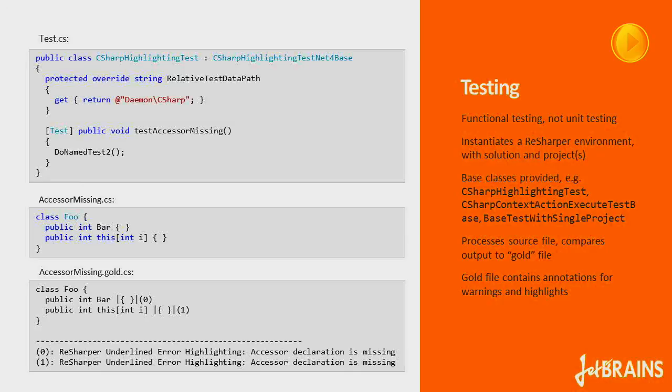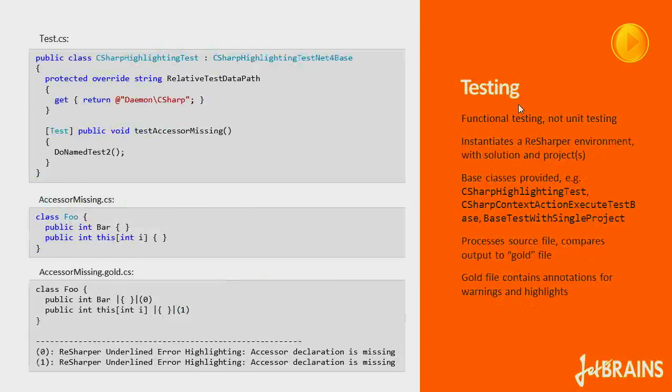It then runs the normal ReSharper analysis over the top of that, and takes that information and compares it to the accessor-missing.goal.cs file. As you can see in the file at the bottom here, it shows positioning and also the text of the highlights that are being used there. If those match, then the test passes. If they don't match, then the test fails, and it gives you information about what is different.